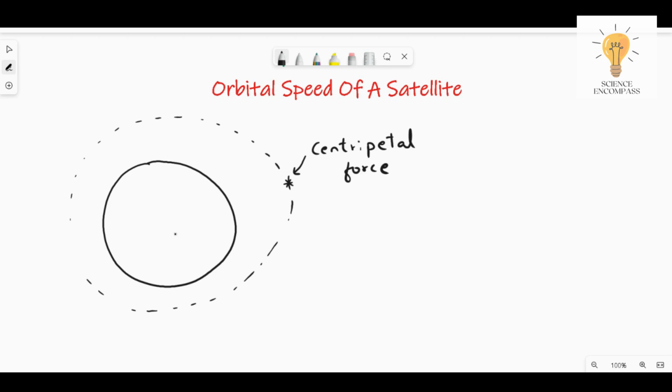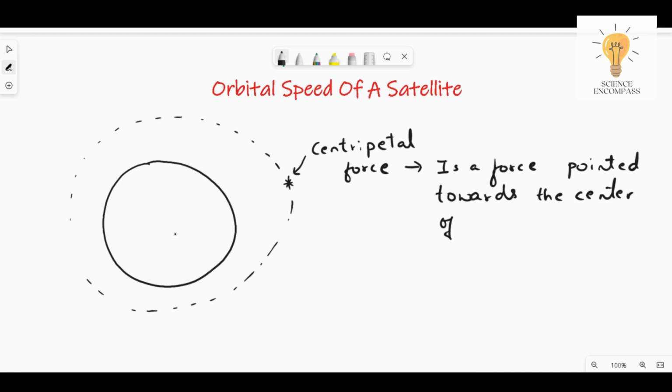What is this centripetal force? A centripetal force is a force pointed towards the center of a circle that keeps an object moving in that circle.